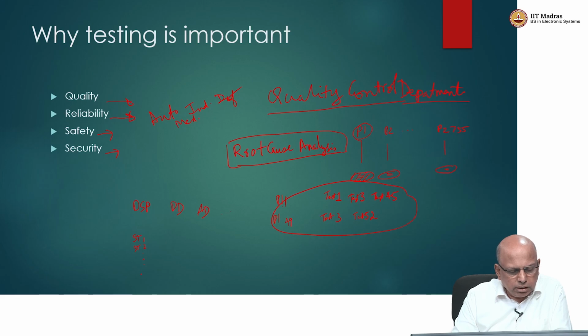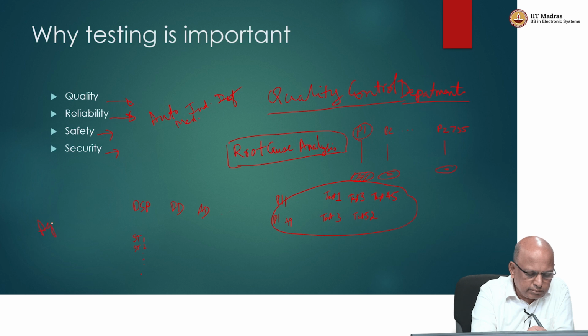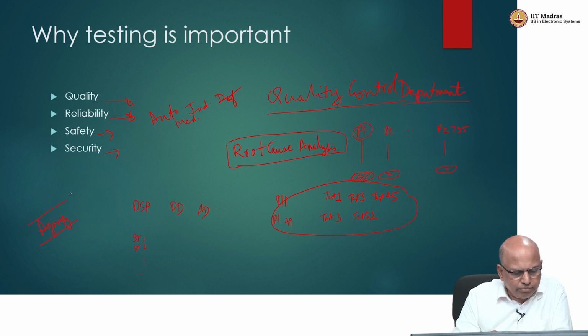I think you by now understood that aspect, because the ICs or other products that we sell are all subject to what is called aging. So, over a period of time they will fail.